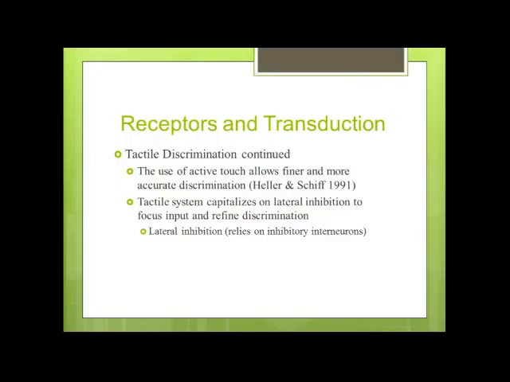we're just talking here about the different types of processing that help to refine tactile discrimination. So one is the use of active touch, and then the other is the importance of lateral inhibition.